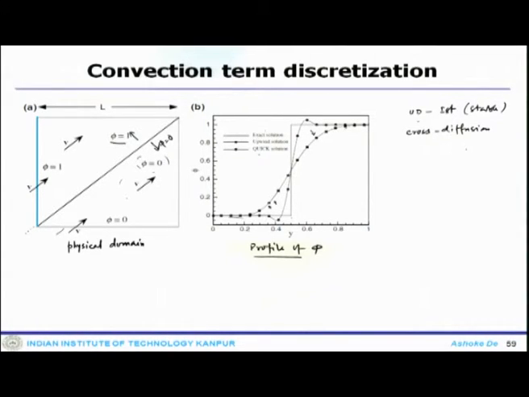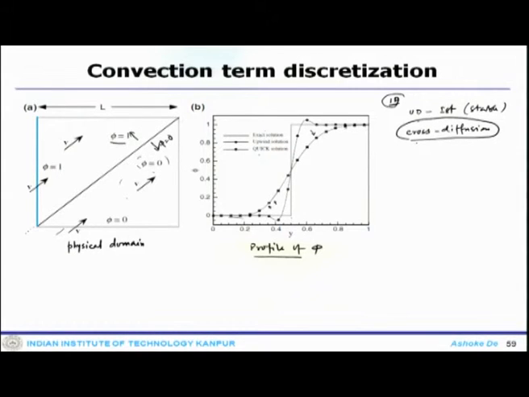This cross diffusion term is always applicable in multidimensional systems. We have looked at it in the one dimensional case, but whatever is happening here, there is a one to one correspondence in the multidimensional system. This cross diffusion happens when the velocity field is not aligned with the grid.